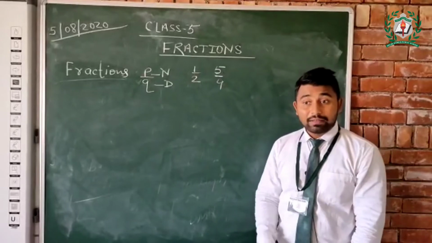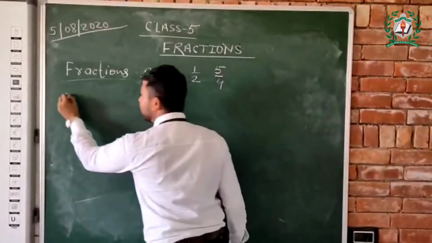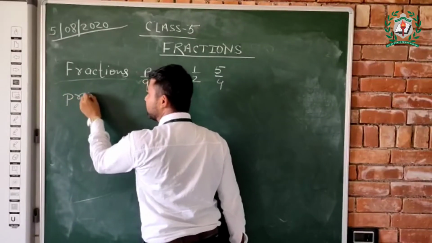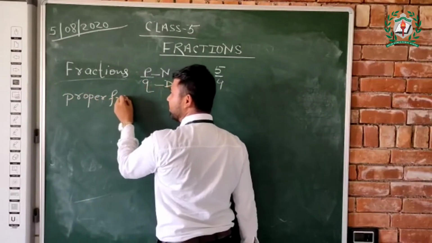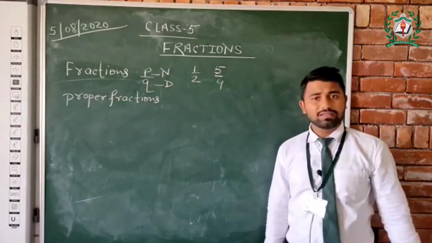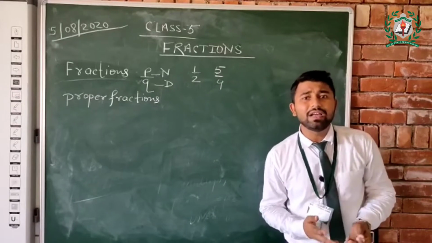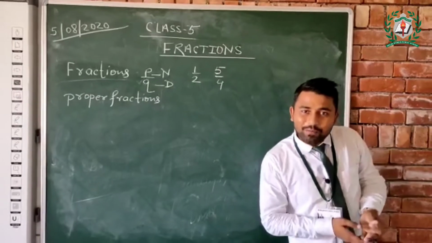Now students, in fractions there are types, that is, proper fractions. What about proper fractions? "Sir, a fraction is a fraction, but why do they divide it into proper fraction and improper fraction?"